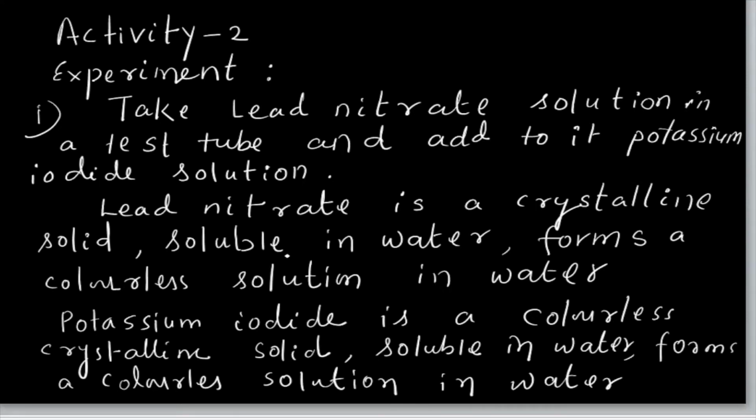This is called magic in chemistry. Someone who does not know about chemistry thinks it is magic. But magic is only science, that is chemistry. Take lead nitrate solution in a test tube and add potassium iodide, a colorless solution, from another test tube.